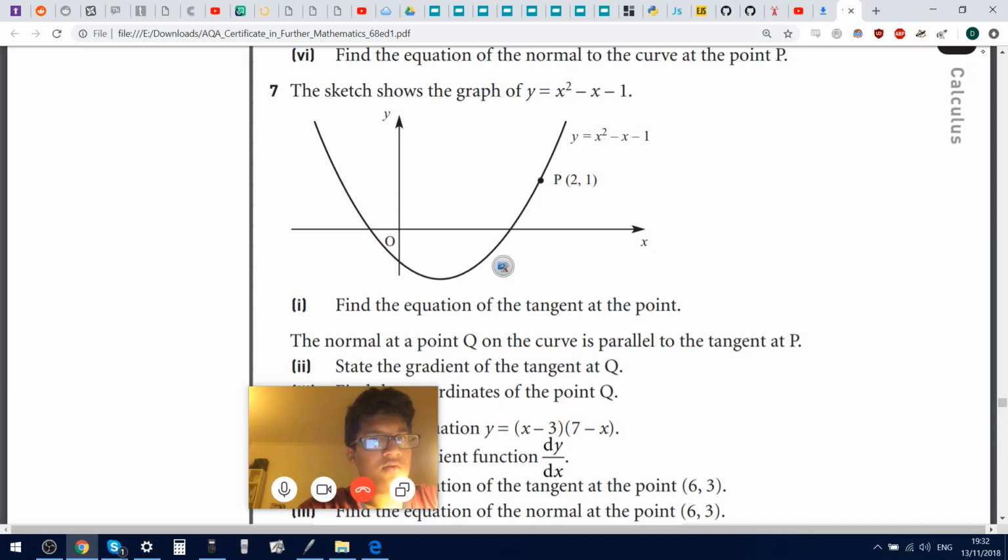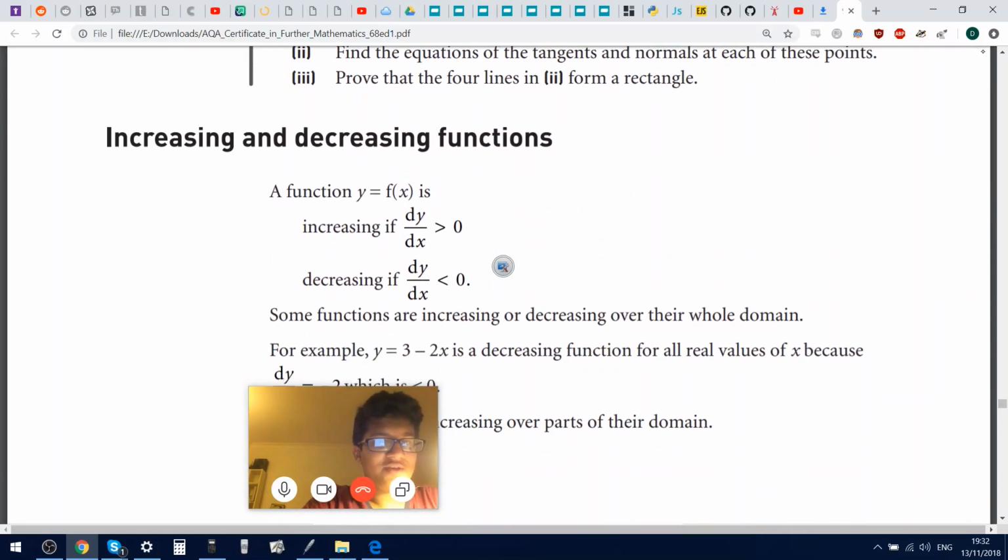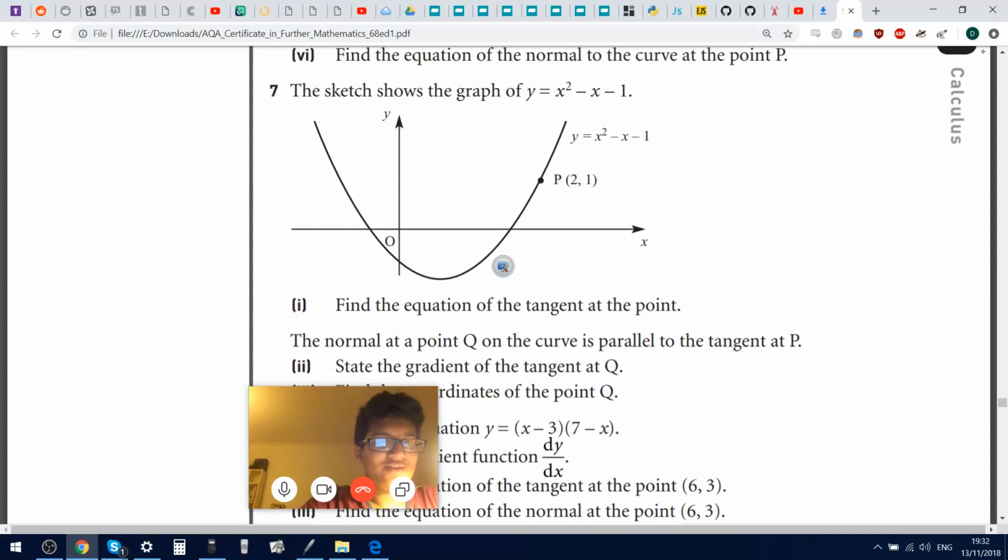And so on the right side, it is increasing. On the left side, the gradient is going down, so it's decreasing. Then it has 0. The call kind of froze, just mid-explanation. Sorry, could you say that again?